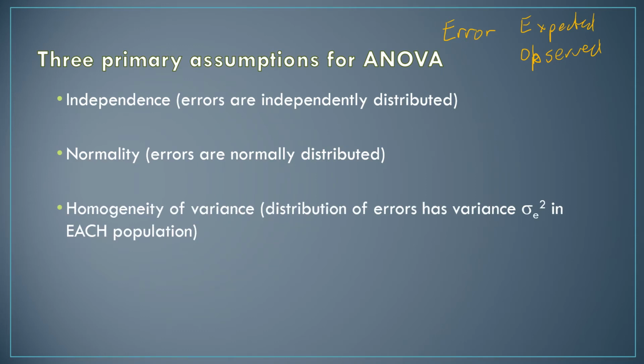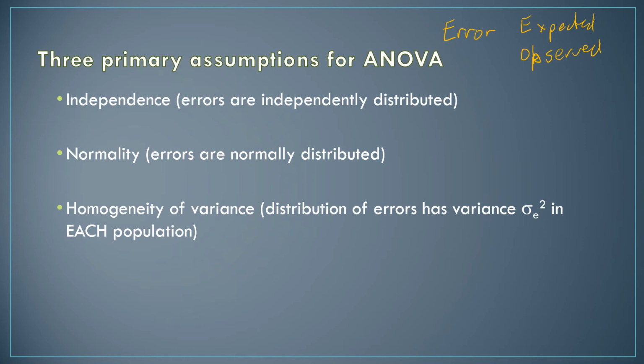And lastly, we have homogeneity of variance. And homogeneity of variance is really looking at whether the distribution of errors for each of the populations or each of the groups represented is the same, and that there's not a variation across the groups. So this way, when we look at any particular treatment or whatever our outcome is and how that outcome is being impacted, how does that variance shift between the groups?